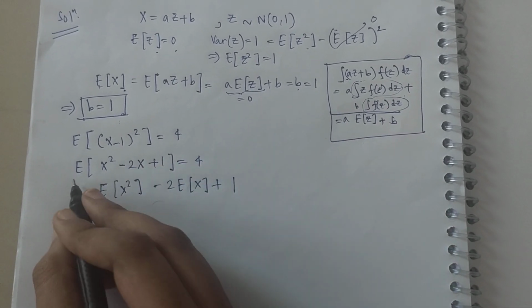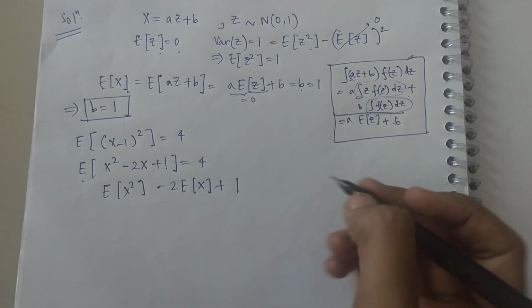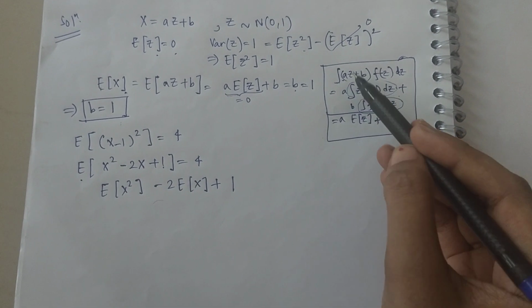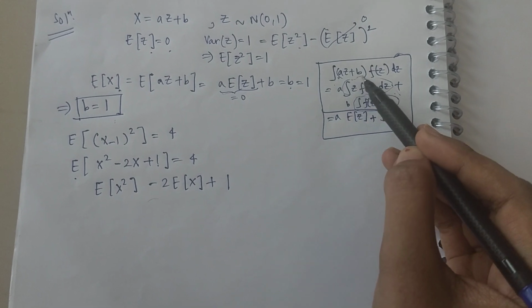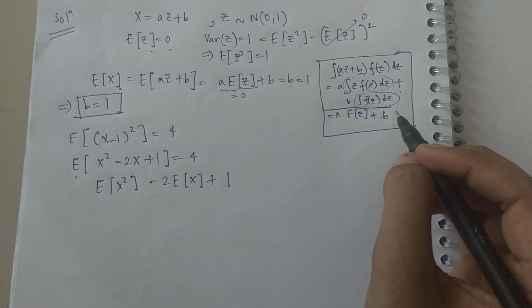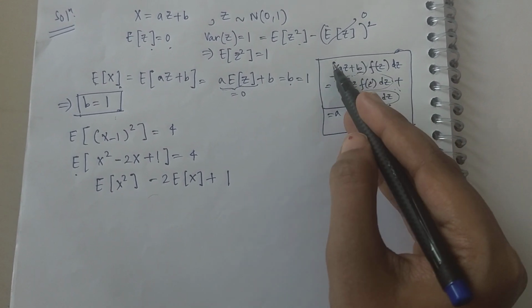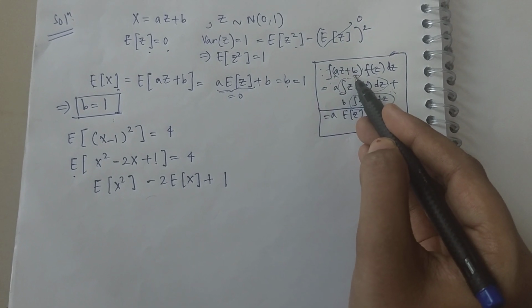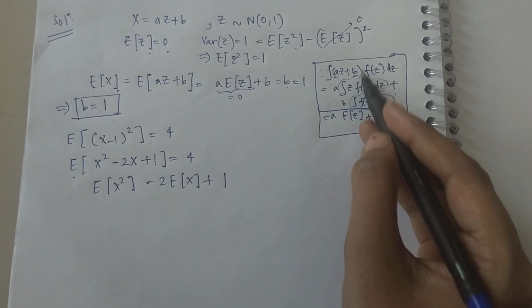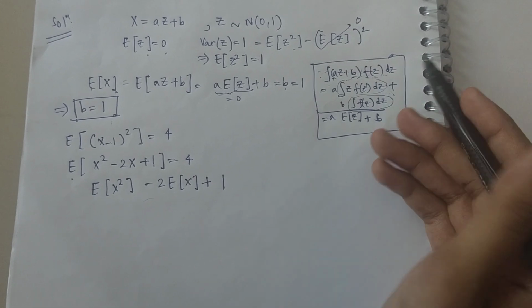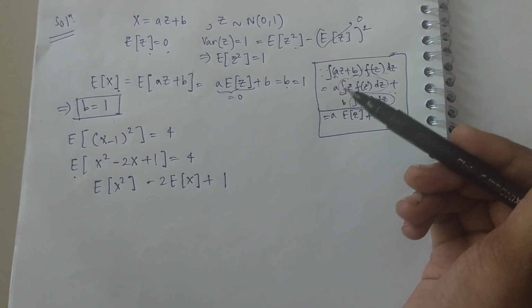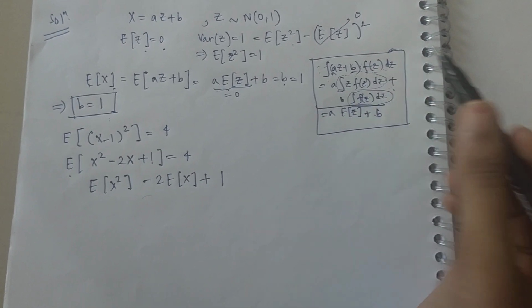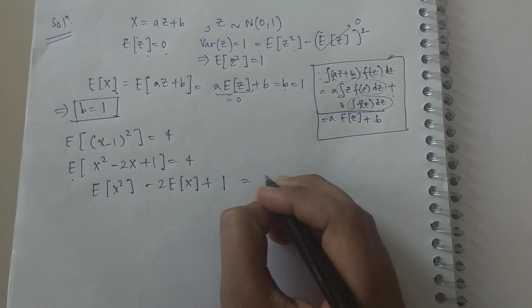We know that the expectation of any constant is the constant itself. Expectation of b, we can pull it outside the integration, because it's a constant and not a function of z. When we integrate f of z over the entire domain of z, that will be 1, so we are left with only b. So this is the idea.